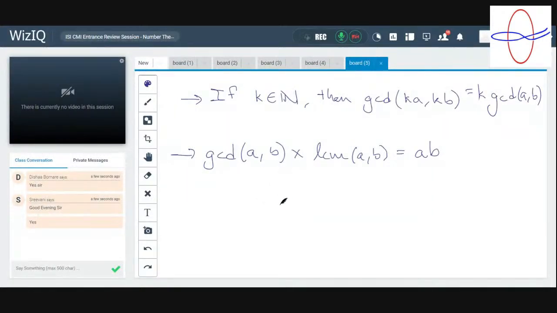Perfect. So you can realize that this tells you that the LCM being equal to the product is equivalent to saying a and b are co-prime. That is, the GCD is 1. Okay.